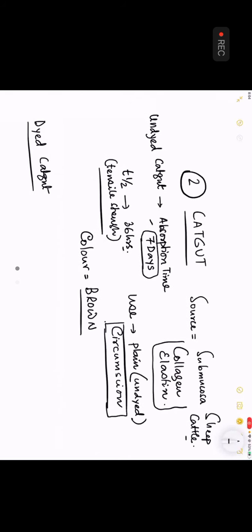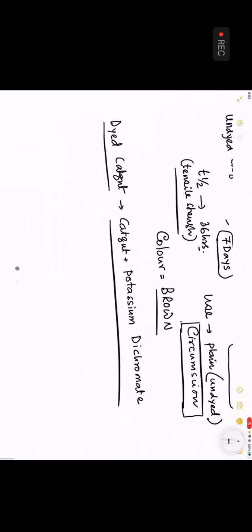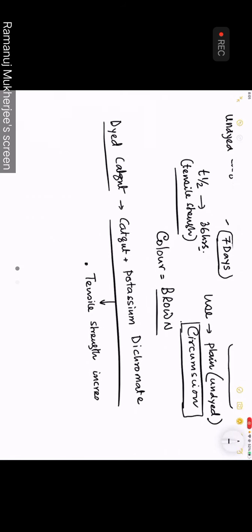Now, dyed catgut is mixed with potassium dichromate. The potassium dichromate and the catgut, both of them, increase the tensile strength, and the T half now becomes about 10 days.